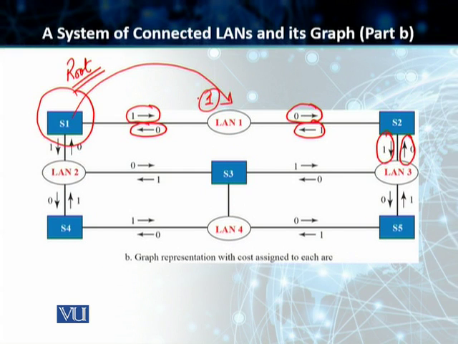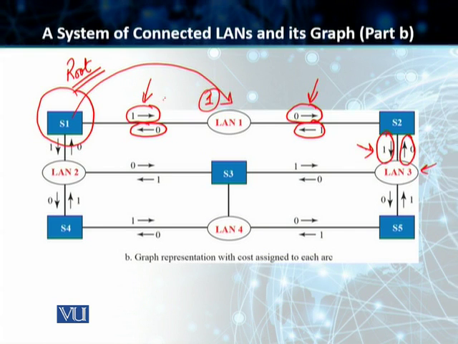Students, shortest path from your root switch, which is S1, to LAN 3, for example, is this particular 1 plus 0 plus 1. So the shortest path from S1 to LAN 3 via LAN 1 and switch 2 has got a total cost of 2.